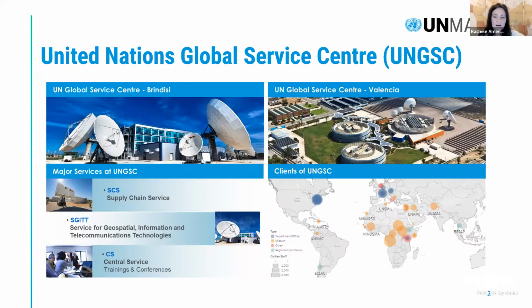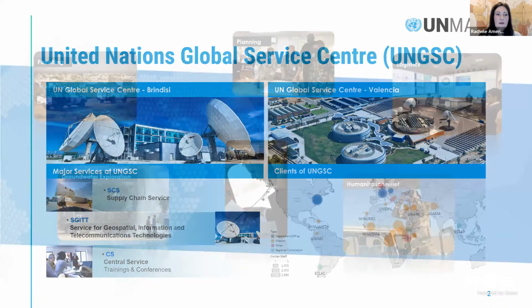So we are sending the cars to the missions, but we are also providing geospatial support, which means that we give to the peacekeepers all the information that they need regarding the territory, and we do that by making maps and services related to maps.